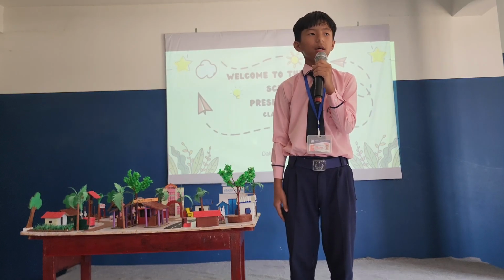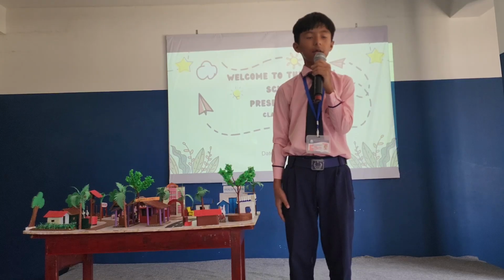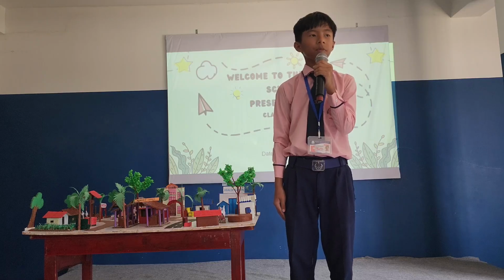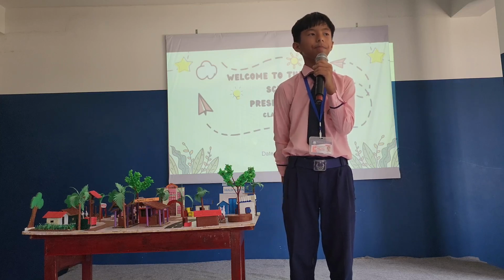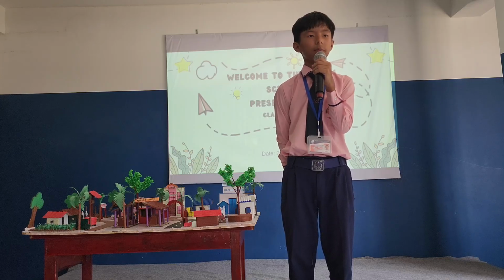Gram Panchayat is the representative body for a village or a group of villages. Gram Panchayat secretary, he is responsible for keeping records of both Gram Sabha and Gram Panchayat. The Patwari is responsible for maintaining land records.